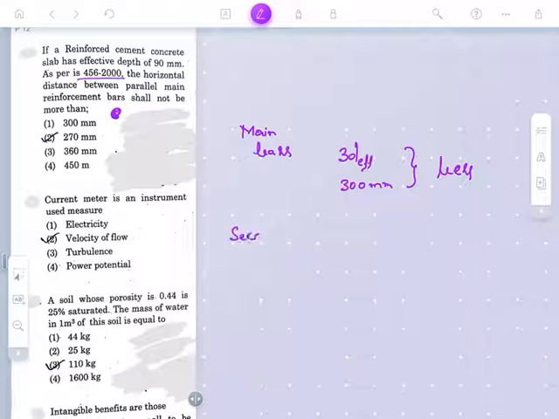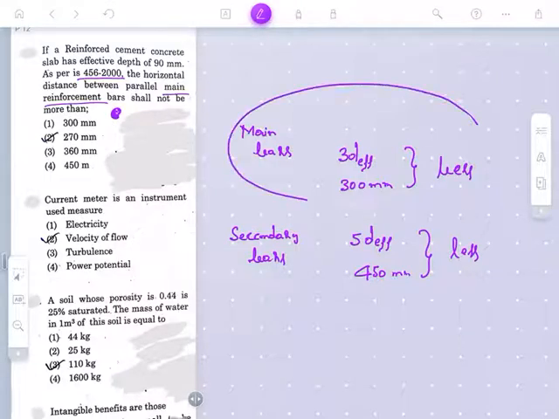In case of secondary bars, it will be 5 times D effective or 450 mm, whichever is less. According to the question, they are asking us to find the parallel distance in case of main reinforcement.